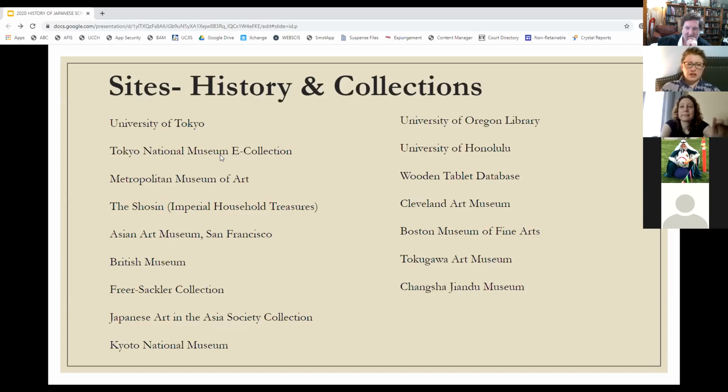these are a lot of sites I use for inspiration. You can go look online for a lot of different types of art. And I'll tell you, the wooden tablet database, it's not very user-friendly, but you get a lot of interesting looks through it on how those look.